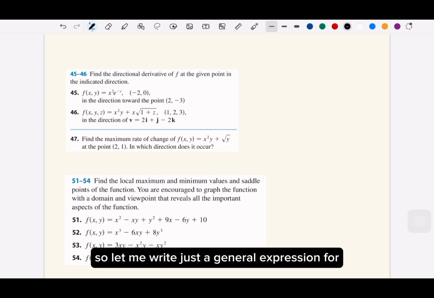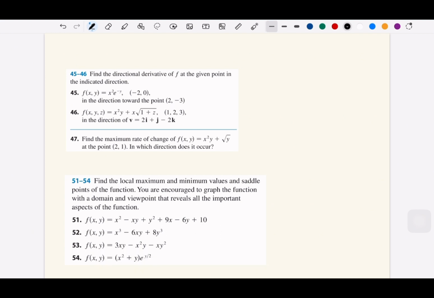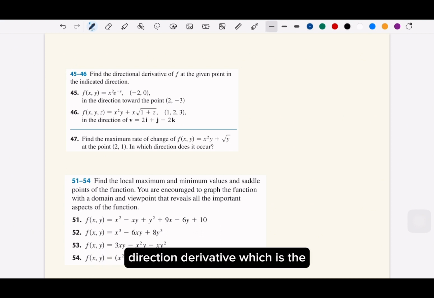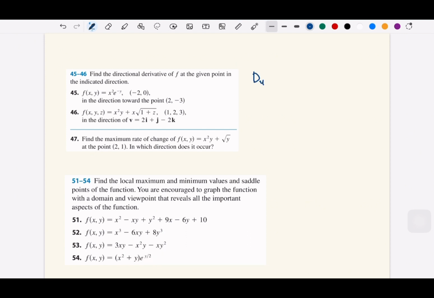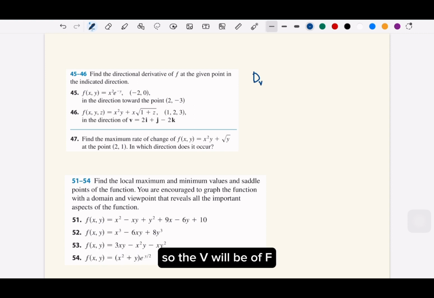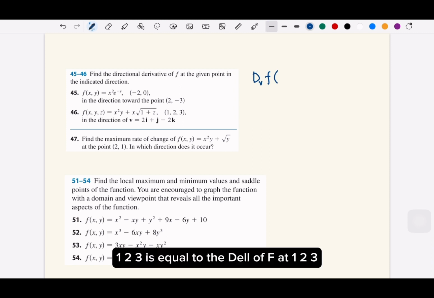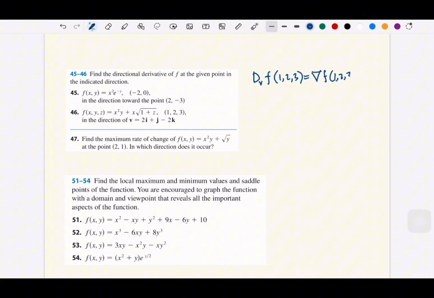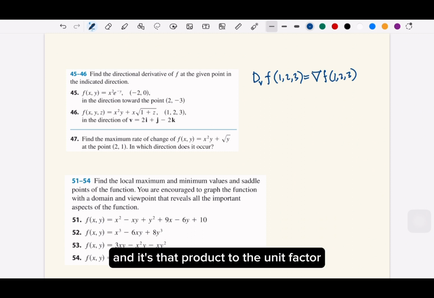So let me write just a general expression for the directional derivative, which is D. Usually this is v because it's a vector v, right? So D_v of f at (1, 2, 3) is equal to the del of f at (1, 2, 3) dot product with the unit vector.